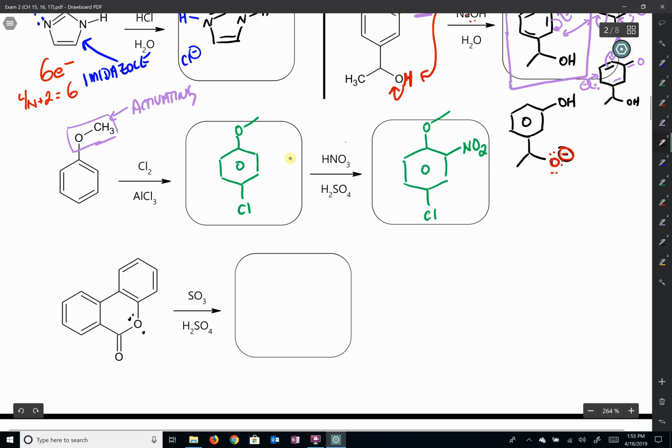All right, lastly, we've got this bis aromatic compound here, and we've got a cyclical ester there. So really what we're asking here is, we've got this carbon in red that's attached to this aromatic ring here, and we've got that oxygen in black, which is attached to this aromatic ring here. Now remember, carbonyl carbons are typically deactivating groups.